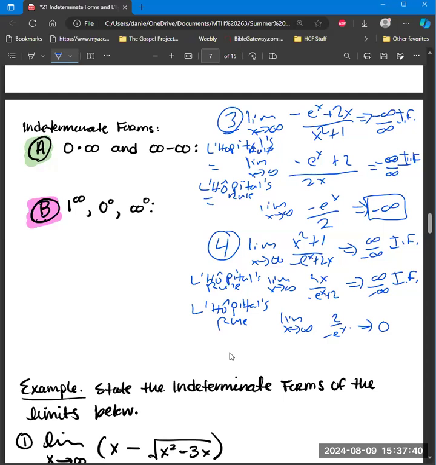All right, other indeterminate forms of 0 times infinity and infinity minus infinity. These are going to require algebra. These are going to require logarithmic differentiation. And this is the stuff usually that we like to get to with Calc 2, but I don't mind talking to you about it today.